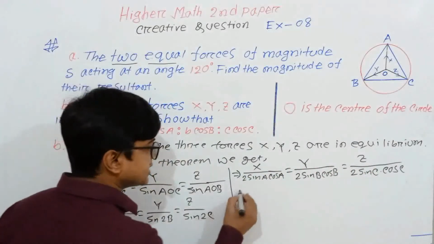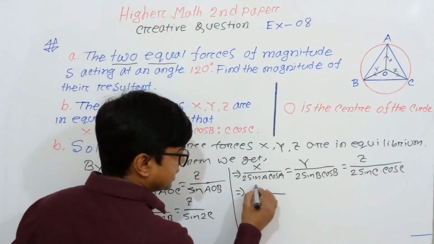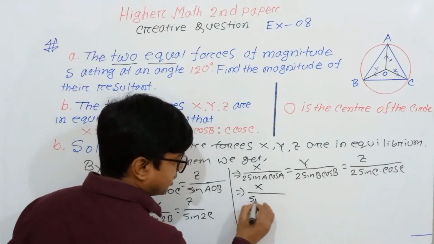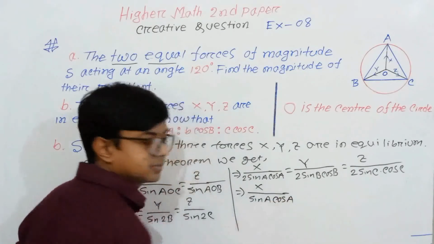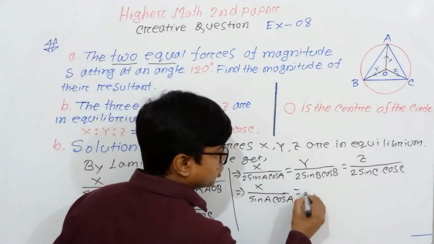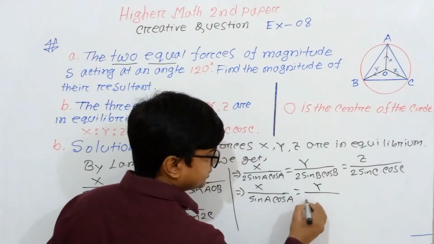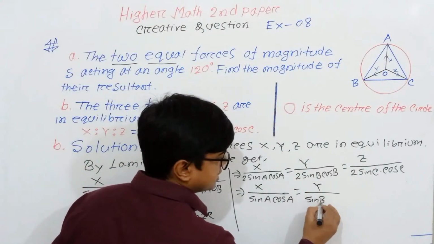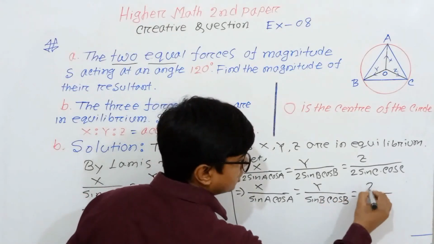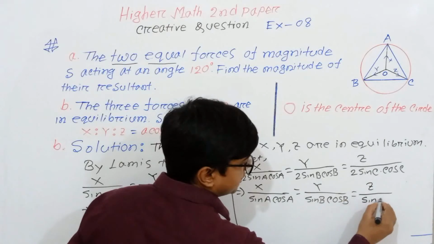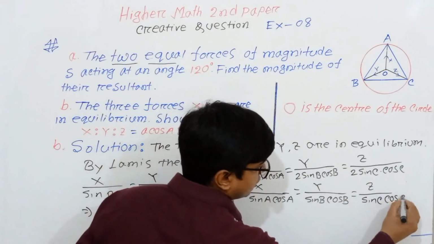That's why they will be cancelled, and here X by sine A cos A equals Y by sine B cos B equals Z by sine C cos C.